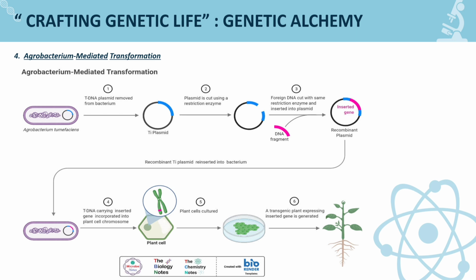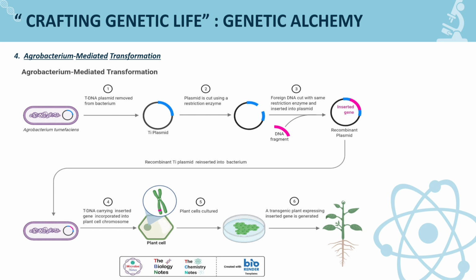And we will insert the foreign DNA or the target gene of interest into that plasmid, which will be acting as a vector, and it will form a recombinant plasmid as you can see over here, right? And then this recombinant Ti plasmid is then reinserted into the bacteria, right?